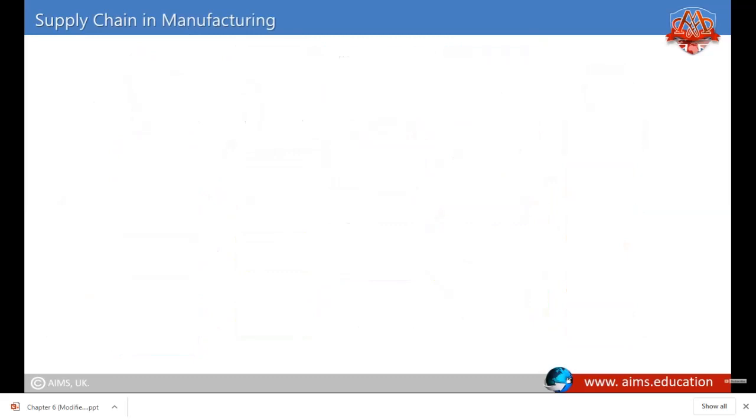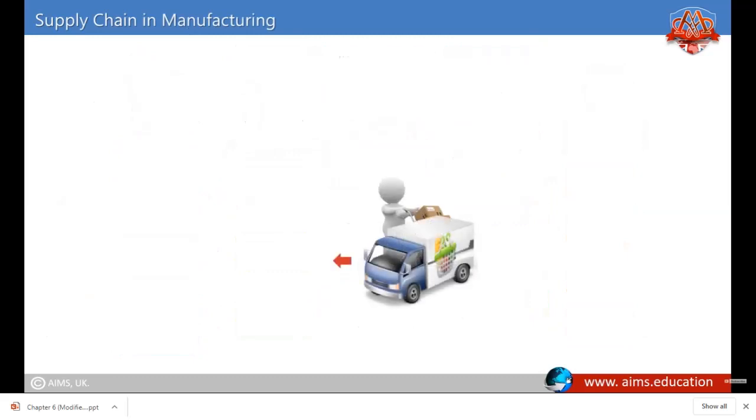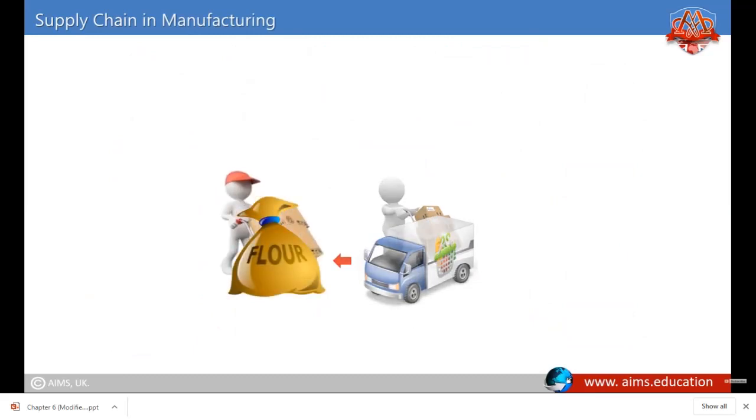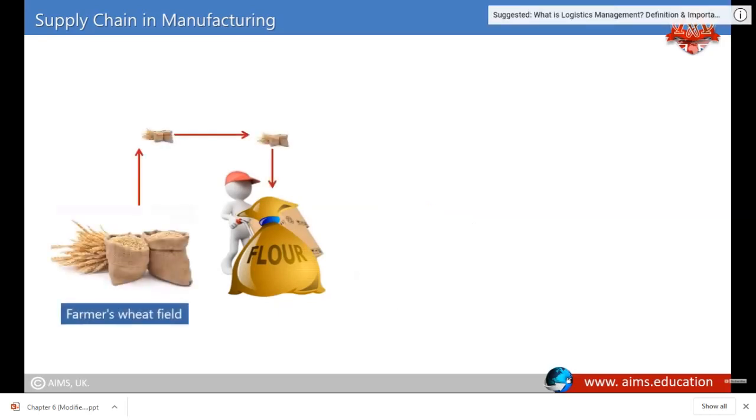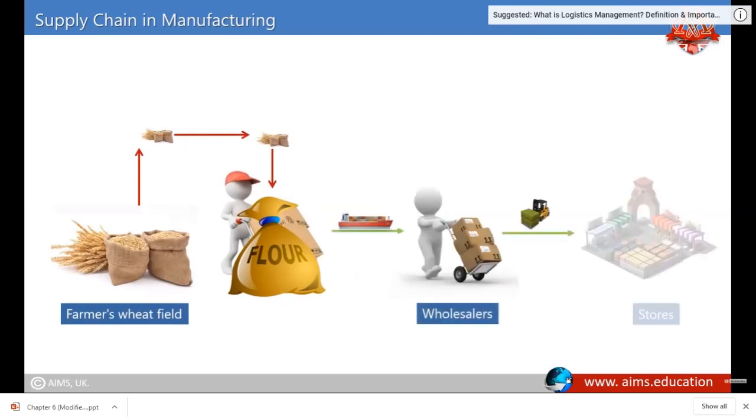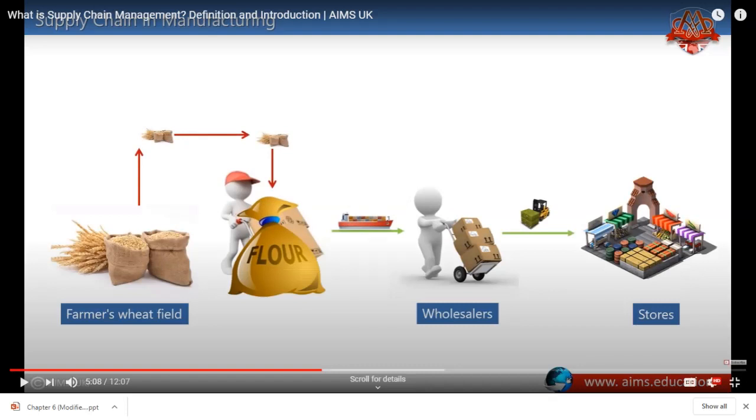For example, Tier 1 supplier might be a wholesale food distributor that purchases flour from its own supplier. This supply chain for flour starts from farmer's wheat field, which is supplied to the food distributor, processed in a plant, shipped to wholesalers, and distributed to the stores. Now here you can see an example of how multiple tiers are involved, right?